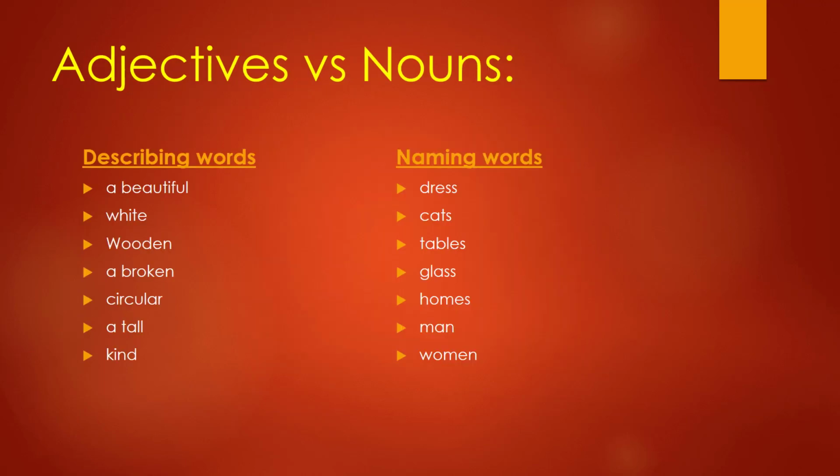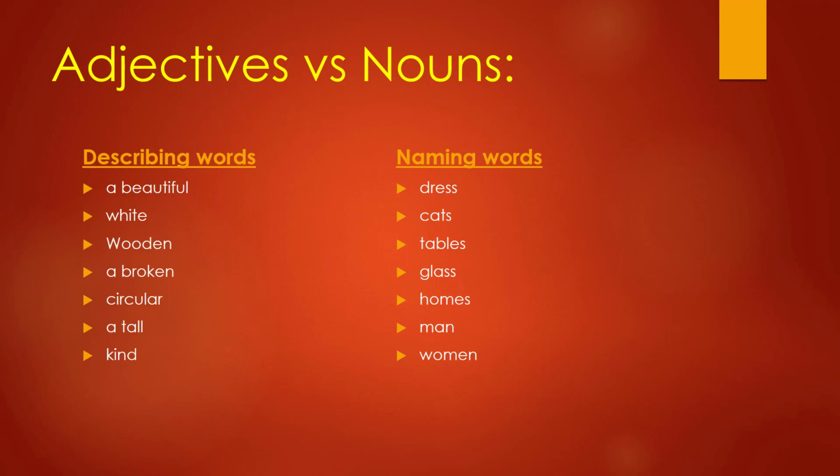Dear students, these examples would make your concept more clear. Beautiful is a quality and it describes a dress. In white cats, white describes cats. In the same way, wooden, broken, circular, tall, and kind are qualities and they are describing different nouns, which are tables, glass, homes, man, and women respectively.